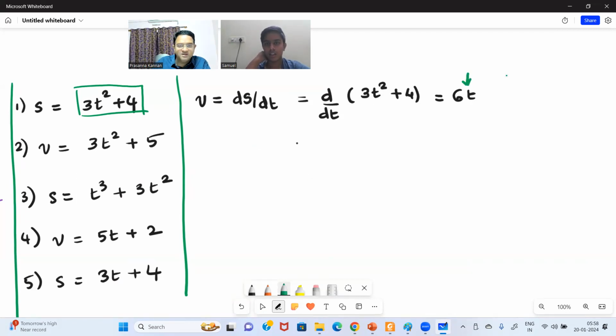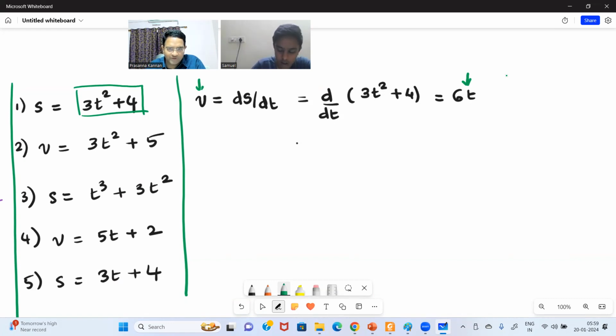If t changes, v will also change. So is v a constant or not? It's not a constant. If it's not a constant, what kind of motion? Is it uniform motion or non-uniform motion? Non-uniform motion, correct. So that much you can determine at this point.